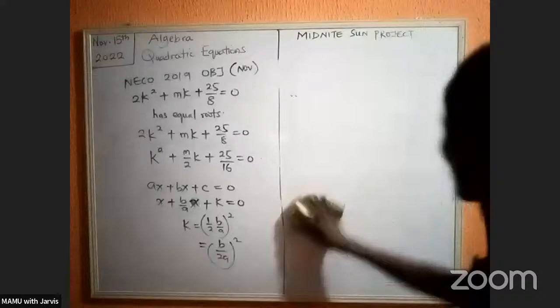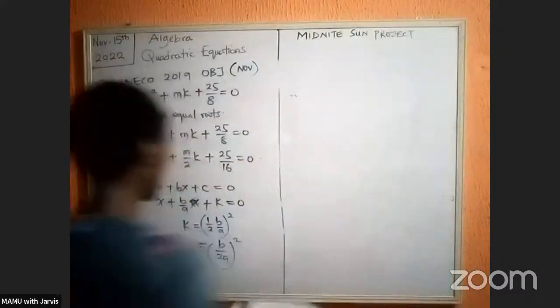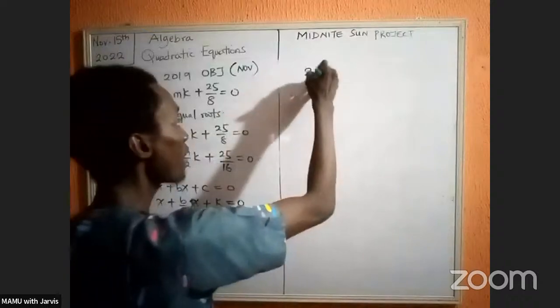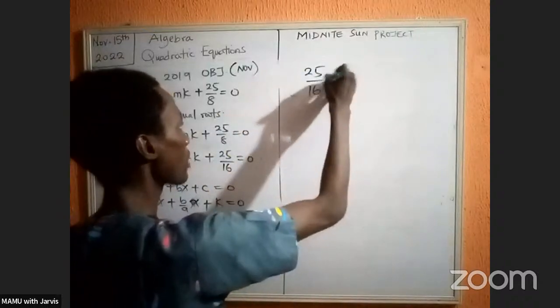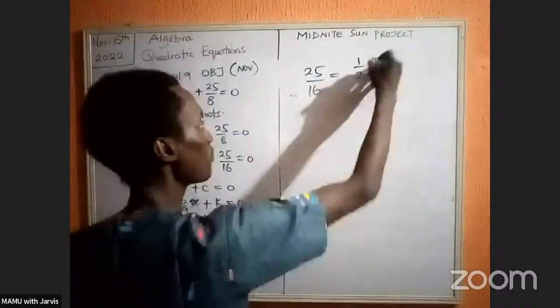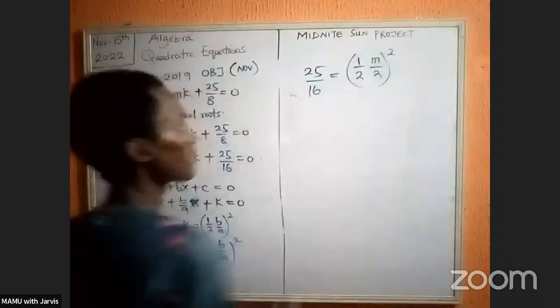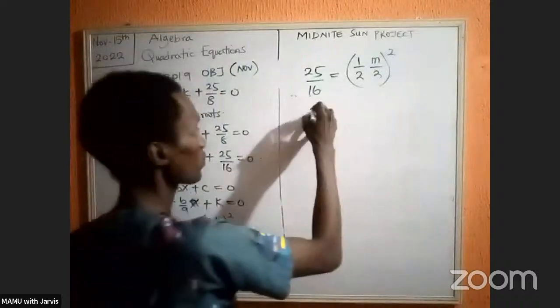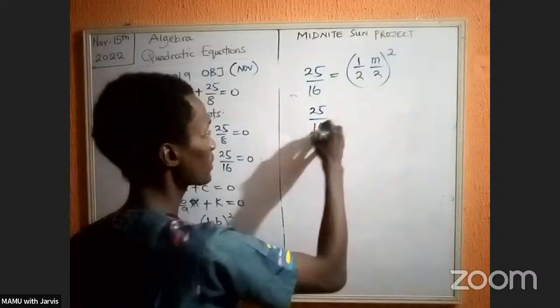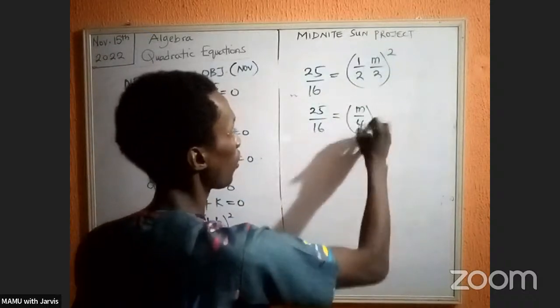So if that is understood, I'm just trying to give you a little background on this. It will mean that what? 25 over 16 must be equal to what? Half of m over 2 all squared. Are we seeing that? So what this invariably means is that 25 over 16 must be equal to m over 4 all squared.